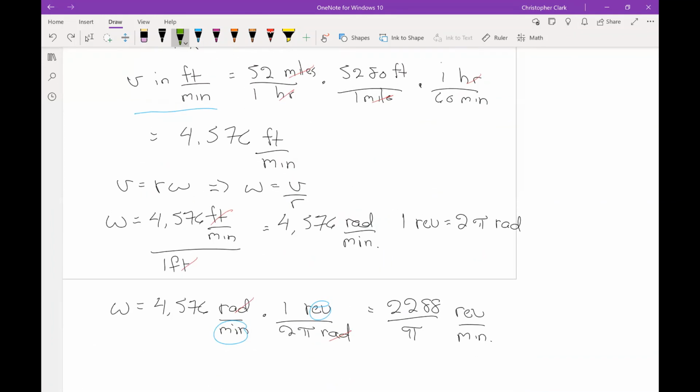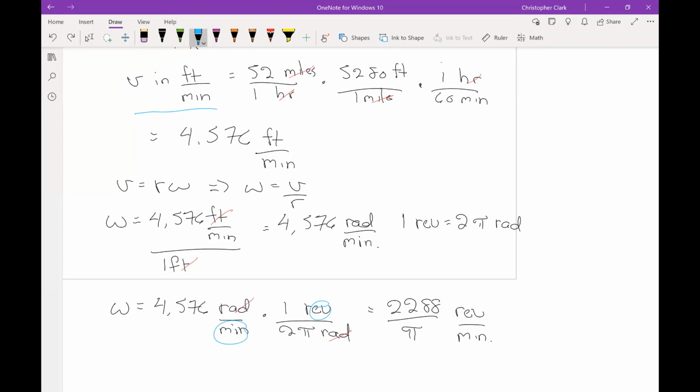So we're going to do the same thing down here and have 4,576 radians per minute times 1 revolution over 2 pi radians. The radians cancel out, and we're left with just what is here in blue, which is revolutions on top, minute on bottom, and you're left with 2,288 over pi revolutions per minute.